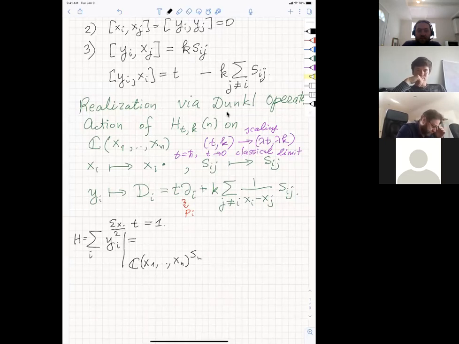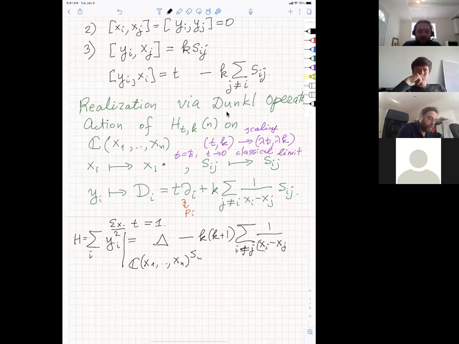And then this is a differential operator, and this is nothing but the Hamiltonian of the quantum Calogero-Moser system, which is the Laplace operator minus k times (k plus 1) times the sum over i not equal to j of 1 over (x_i minus x_j) squared.